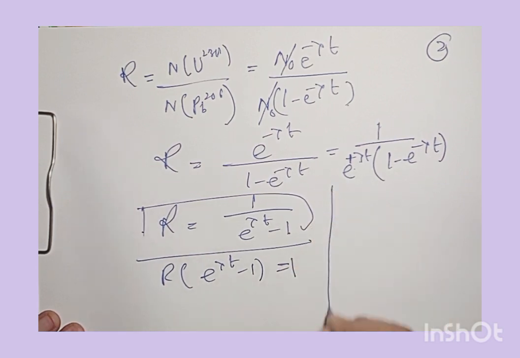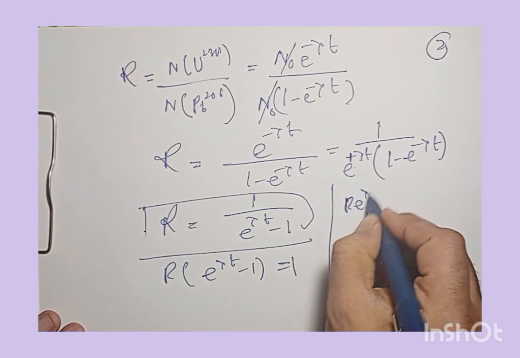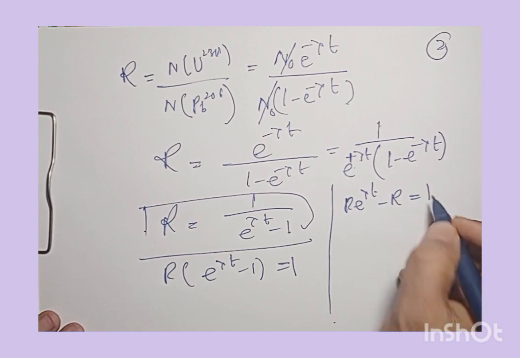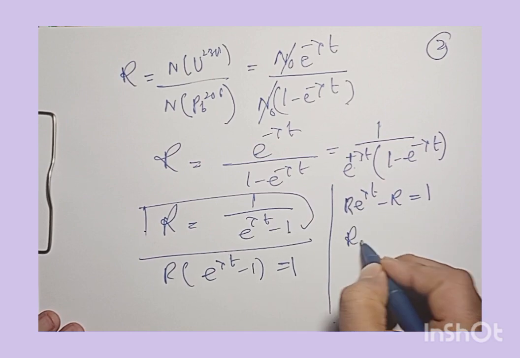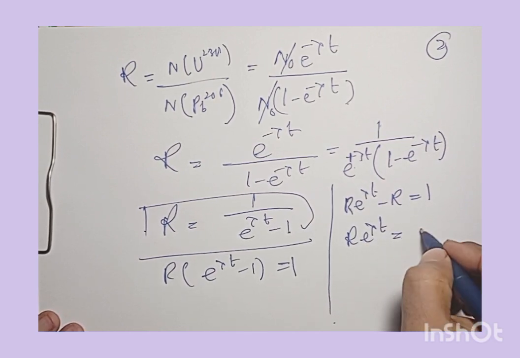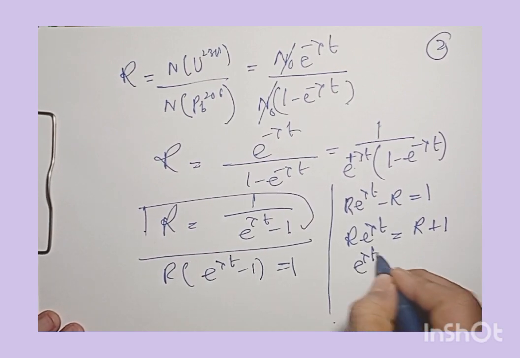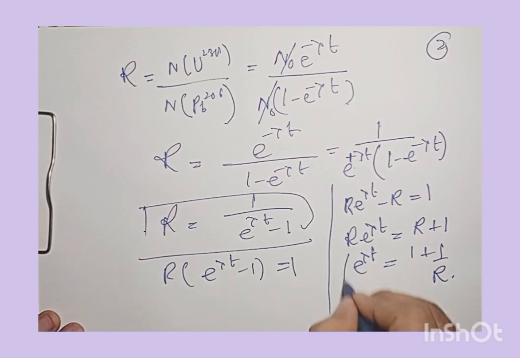Then R e to the power of lambda t minus R is equal to 1. So R e to the power of lambda t will be R plus 1. So e to the power of lambda t will be 1 plus 1 by R.